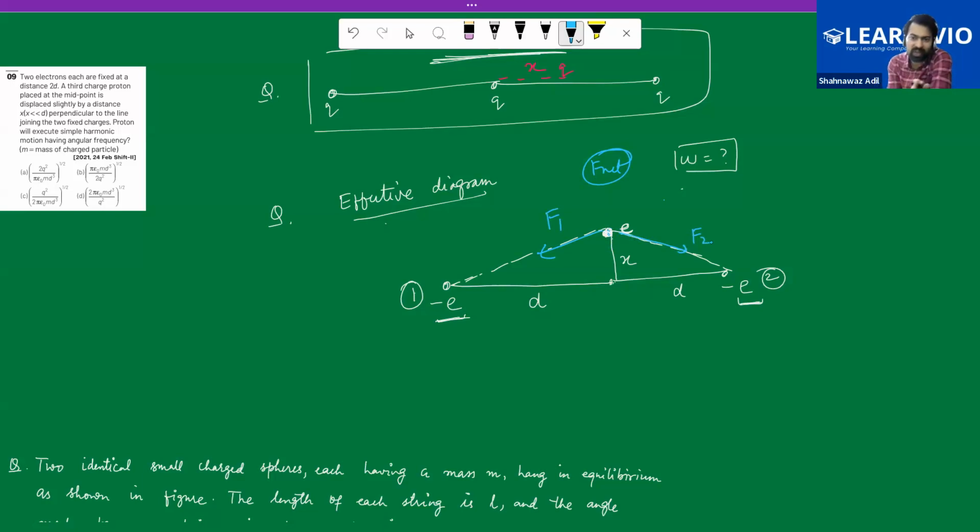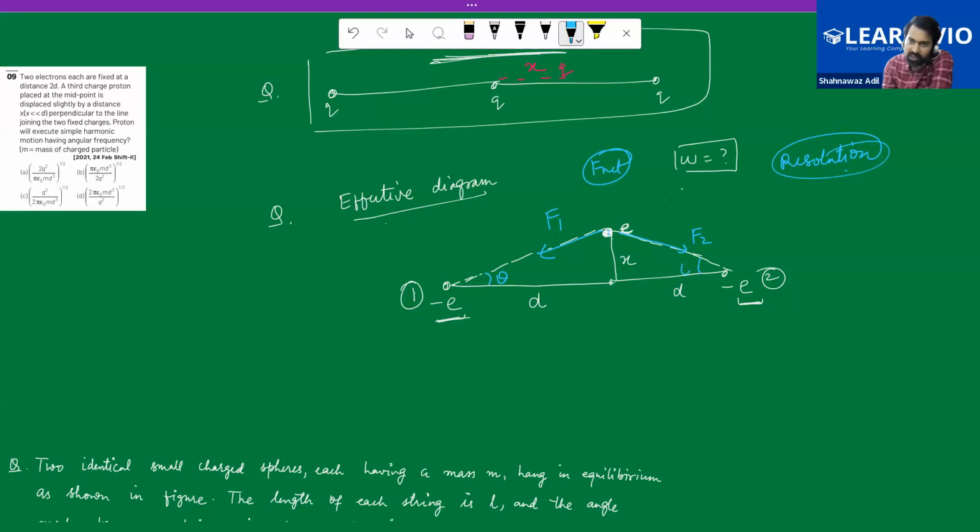Now we have to find out the net force, and you know these are vector additions. So we have to use the resolution of vectors, and for that, we have to consider that this is a theta angle.